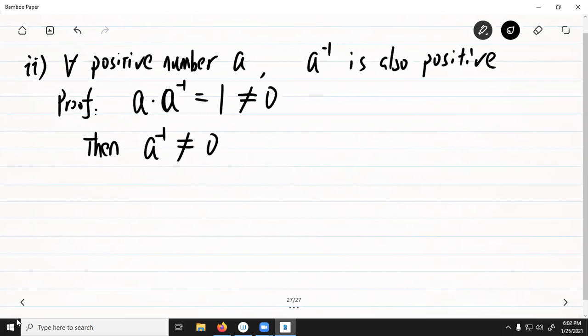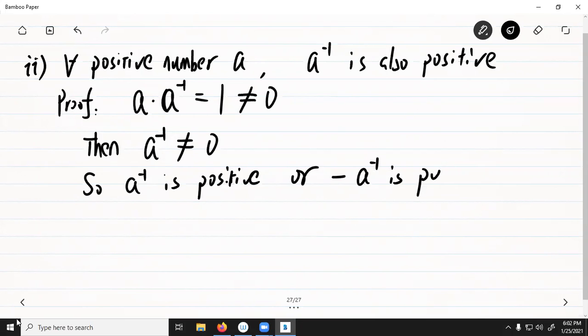Now, from the positivity axiom, either A to the negative 1 is positive, or negative A to the negative 1 is positive.